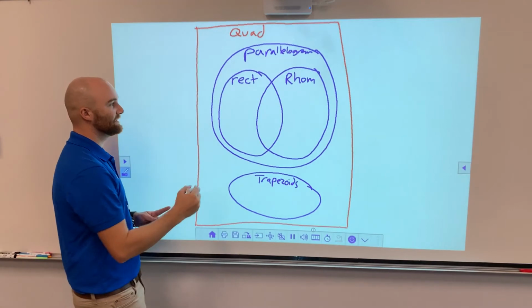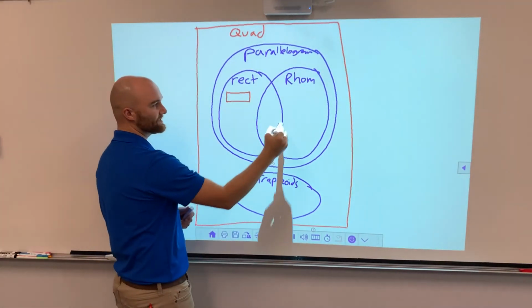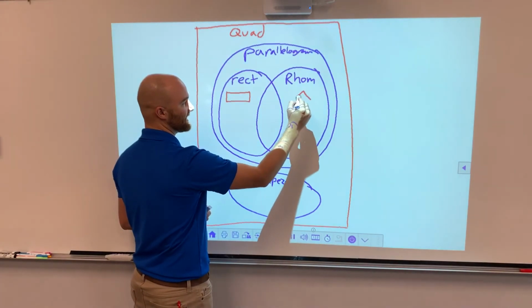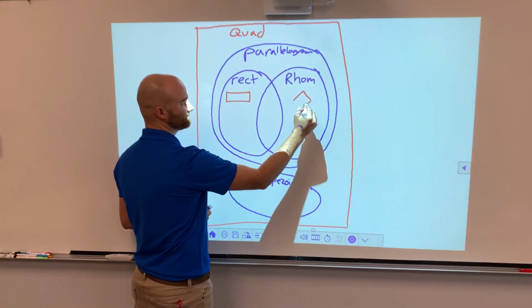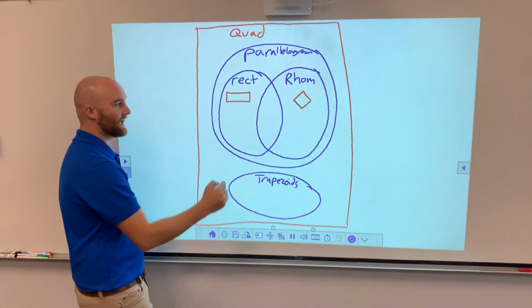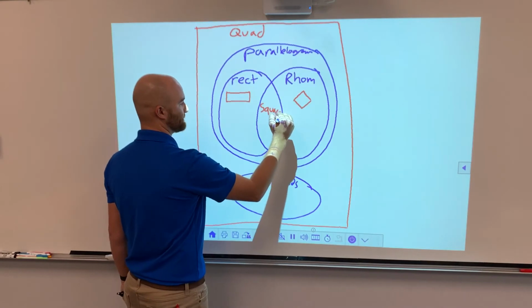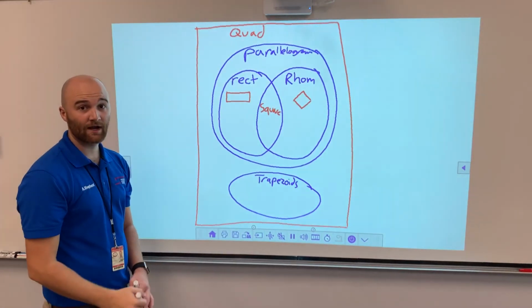Rectangles, remember we said they have 4 angles the same. Rhombuses, we said they have the same sides. In the middle, we have squares. Okay, it just got a lot more complicated.